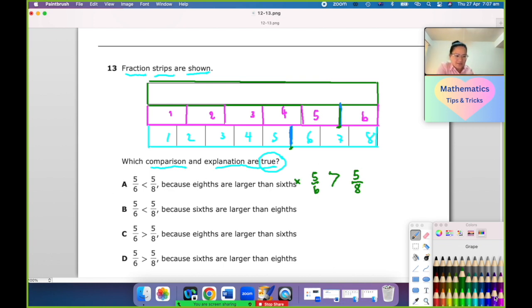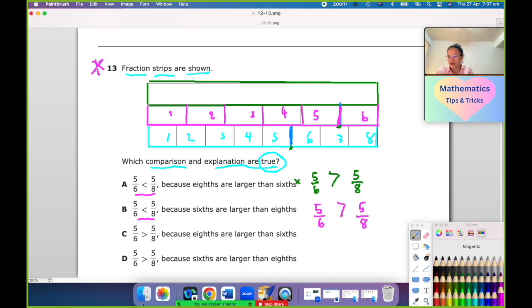Read B. 5 out of 6 is less than 5 out of 8 because 6 is larger than 8. Oh, sorry, A: 5 out of 6 is less than 5 out of 8 because 8 is larger than 6. This one is not true because it's not less than, it's greater than.